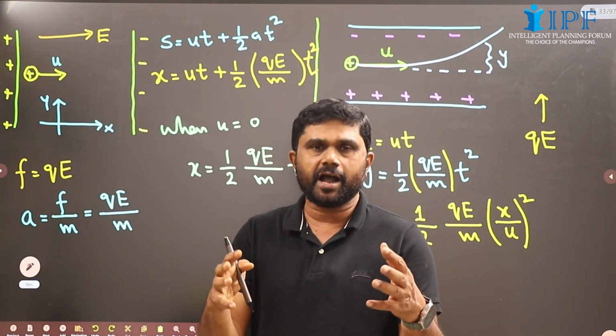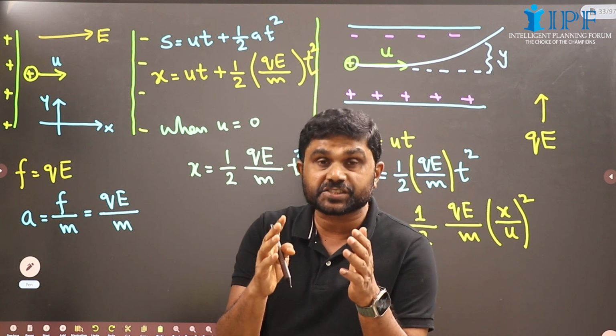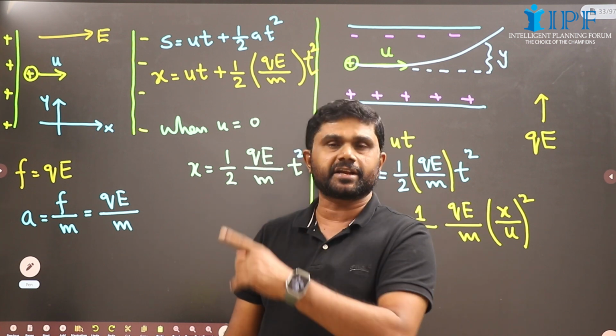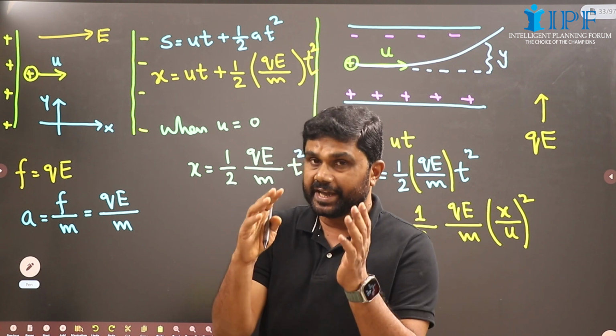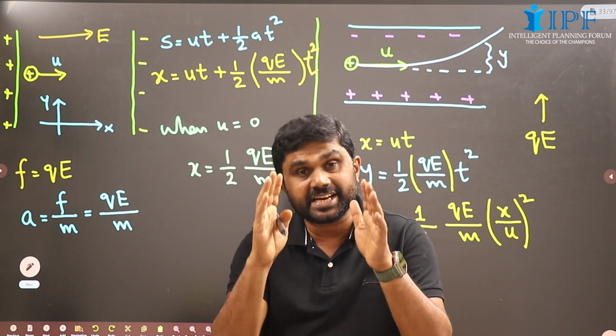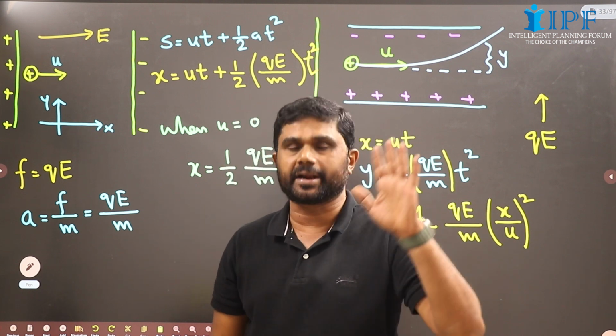Children, in general, I can give you one more thing. See, whenever a particle experiences a constant acceleration along any direction other than its initial velocity, path followed will be a parabola.